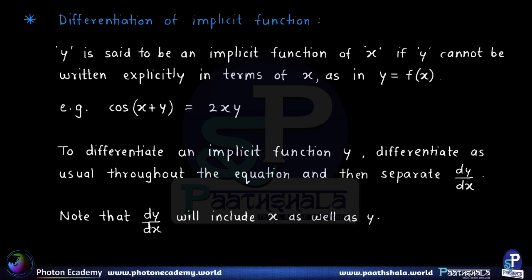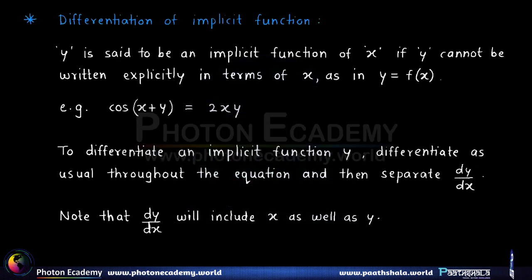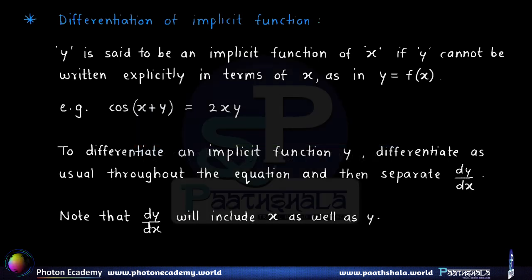Now how do we differentiate y with respect to x if it is an implicit function? To differentiate an implicit function, we differentiate as usual throughout the equation and then separate the term dy by dx. There is no different rule or new formula to differentiate an implicit function. We just go on differentiating, assuming that y is a function of x.